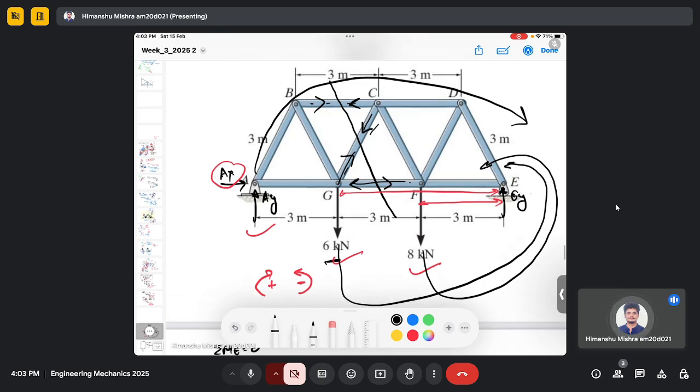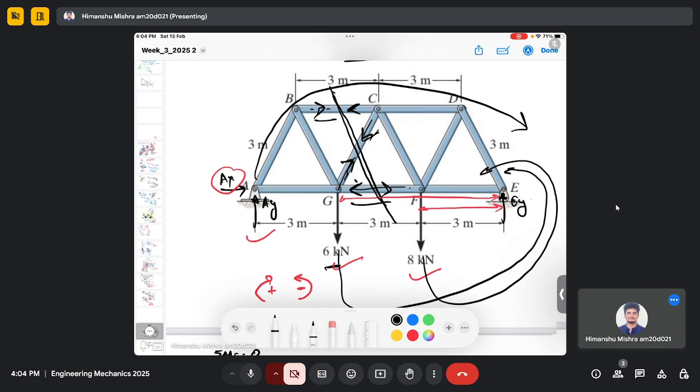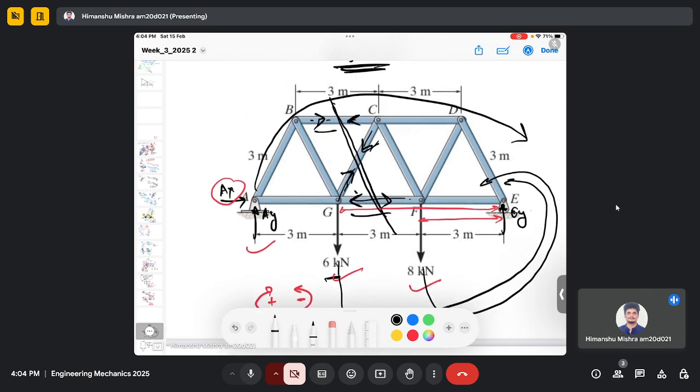So after that I make a cut, I define the forces here, which are the unknown forces. Now our objective is to define the forces in BC, GC and GF. I will choose the left side of this truss. So we have to check how we should start calculating the forces.